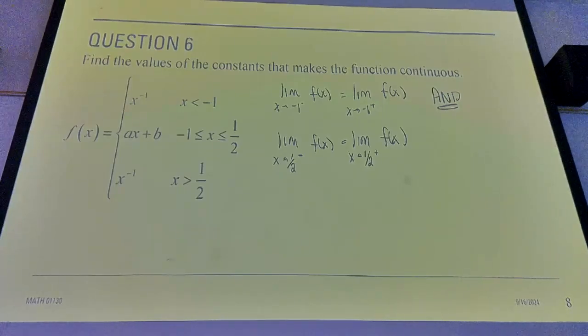Limit as x approaches -1 from the left is what? What about from the right? That too. Oh, no, we're still on the other ones. Limit as x approaches -1 from the right. -9 plus b.